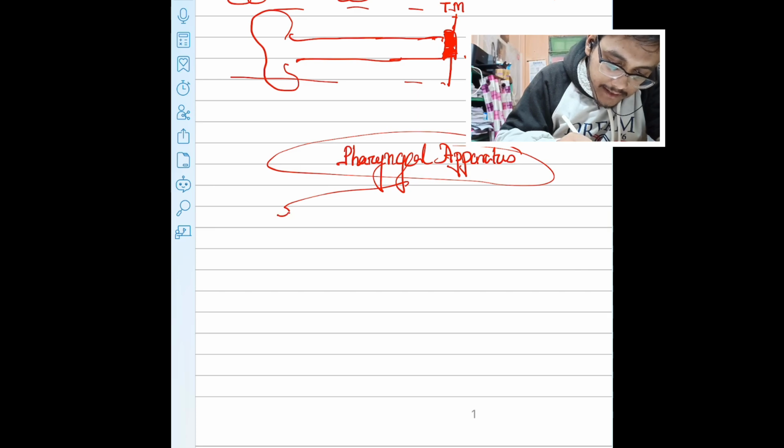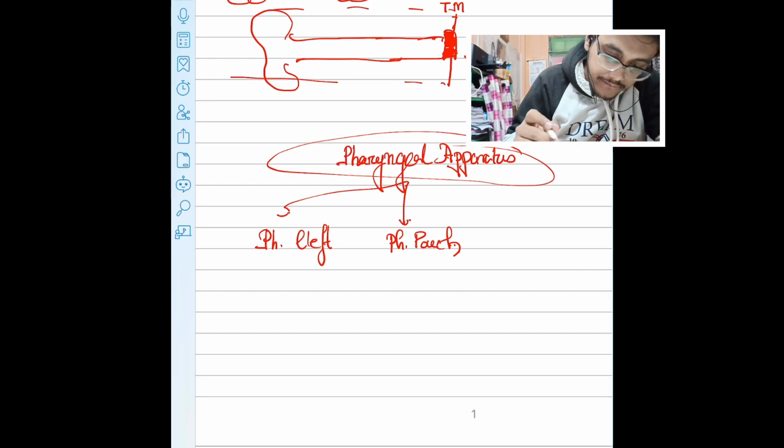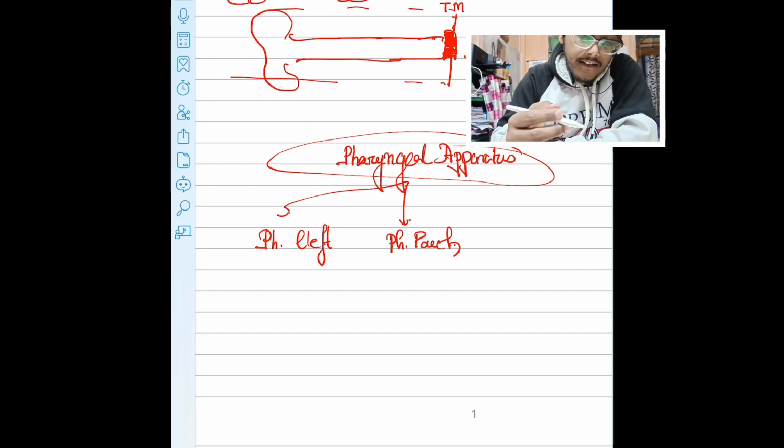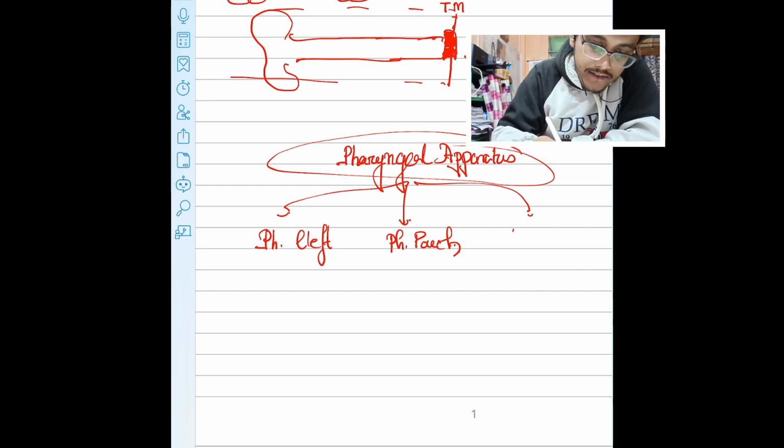In the pharyngeal apparatus we'll see the pharyngeal cleft, the pharyngeal pouch, and the arch.